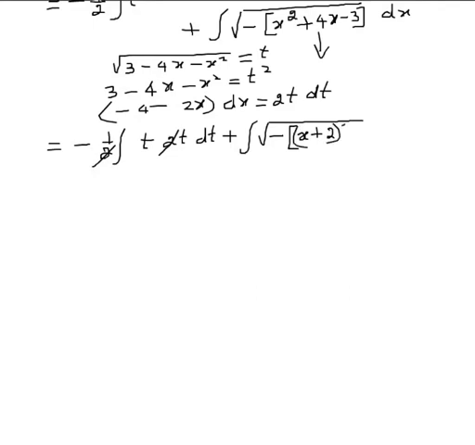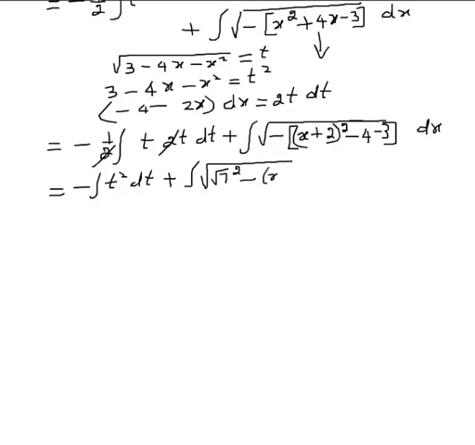So 4 by 2 is 2 the whole square, minus b square term has to be subtracted, and the constant term is minus 3 times dx. This is integral t square dt, and here let us distribute that negative sign. Minus 7 will become plus 7. 7 can be written as root 7 square minus of x plus 2 the whole square dx.